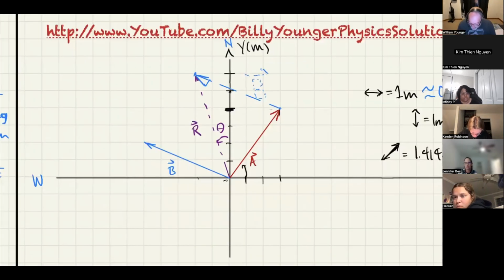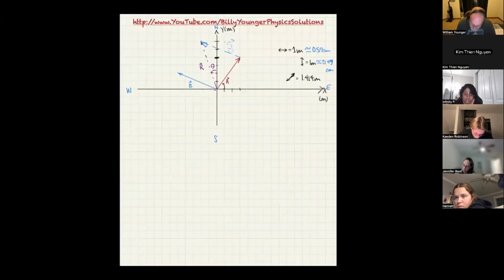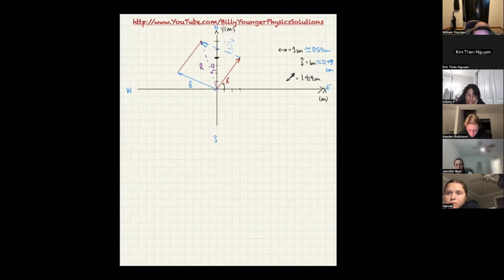Okay. Now, also, we chose to do that with B, but we're actually allowed to do that with A if we want as well. So I'm going to draw A now. And remember, it went over 3 and up 4. 1, 2, 3, 4. So I think the end of that should be right there. And now I'm going to use my special iPad tool to draw that perfectly straight.